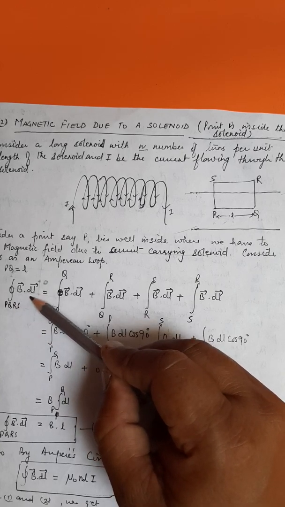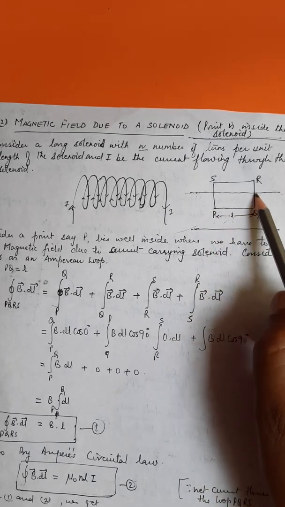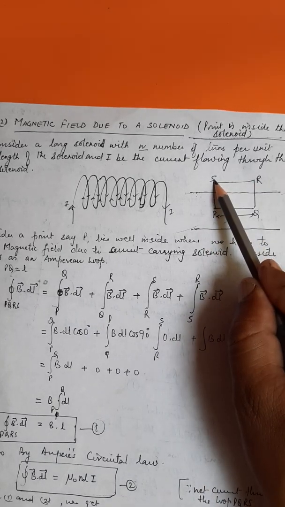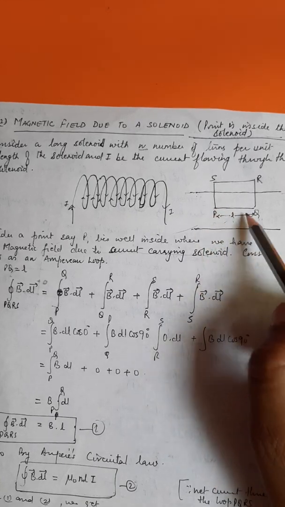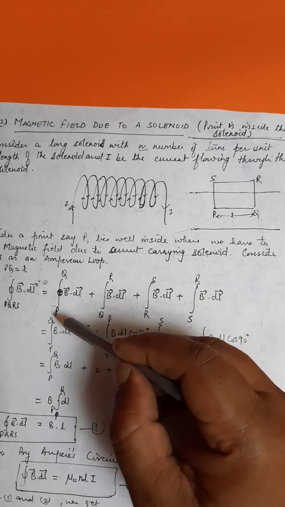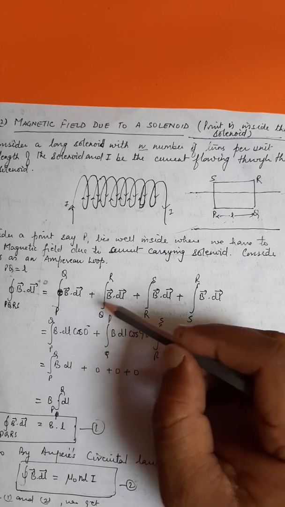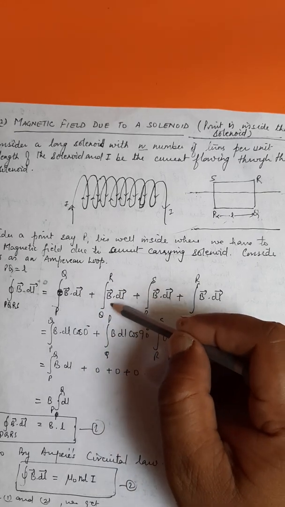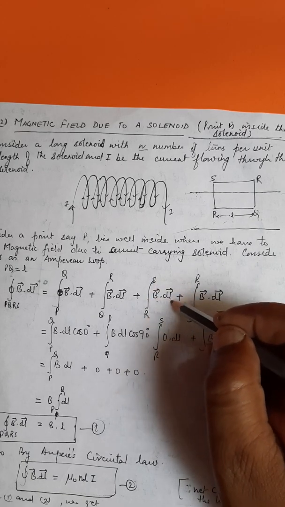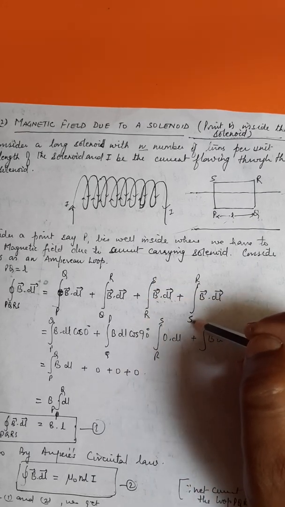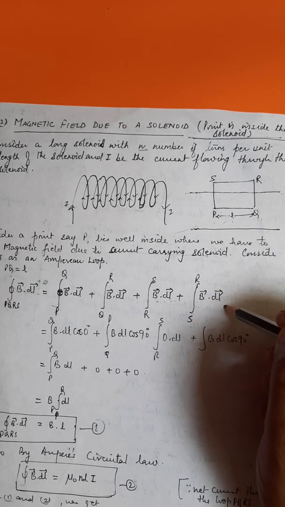This can be written in four parts: PQ is one part, QR is another, RS is another, and SP is the last part. So we take the integral of B dot dl from P to Q, plus Q to R, plus R to S, plus S to P.